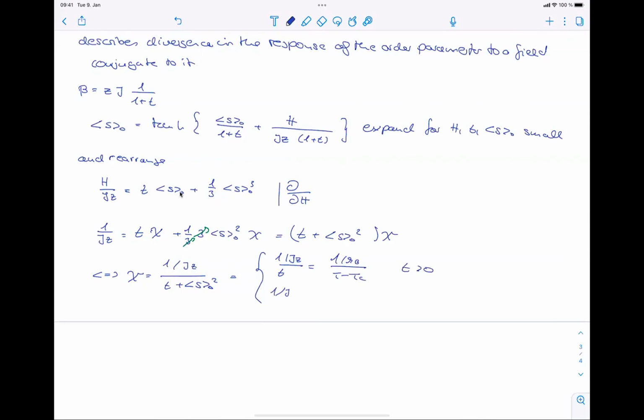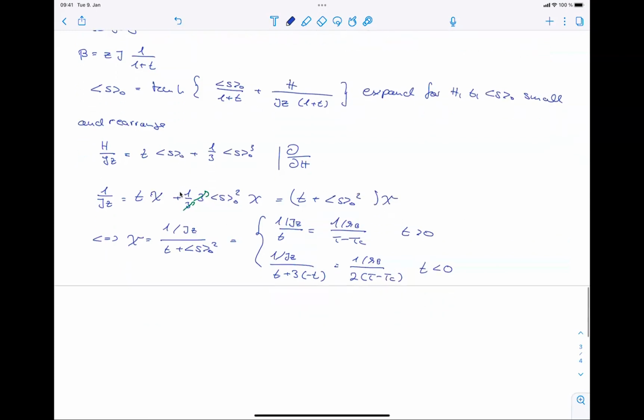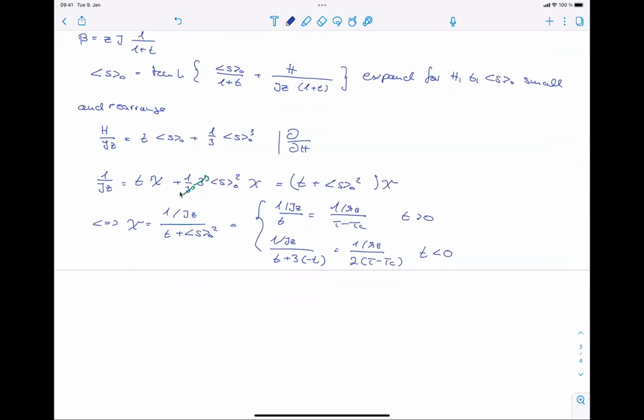And here I get this square root, which there's a square here, which means I have this. And this is actually renowned as the Curie-Weiss law.